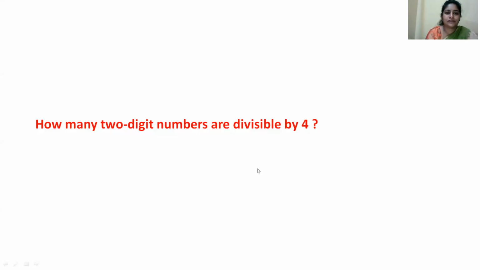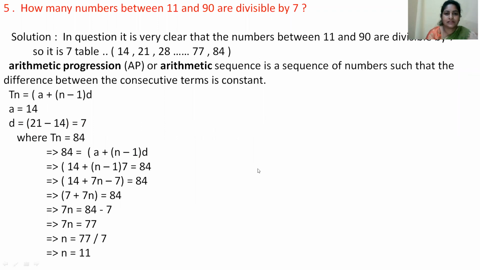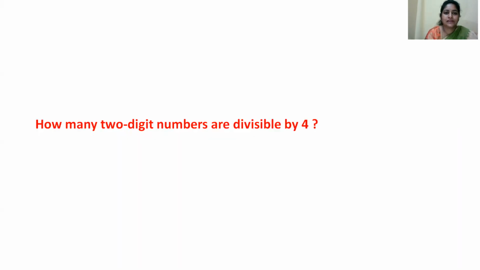You have to do it in the same way, using an arithmetic sequence. For 4, you can start from 12, since 4 threes are 12, then put the values in the arithmetic progression formula.